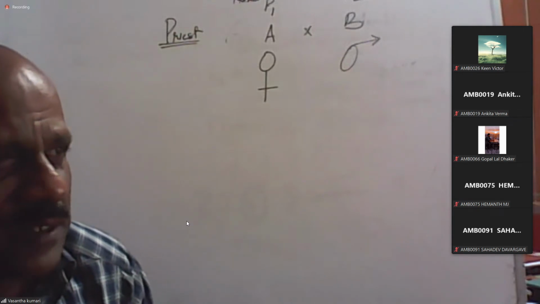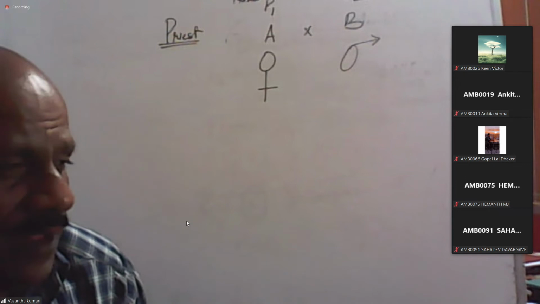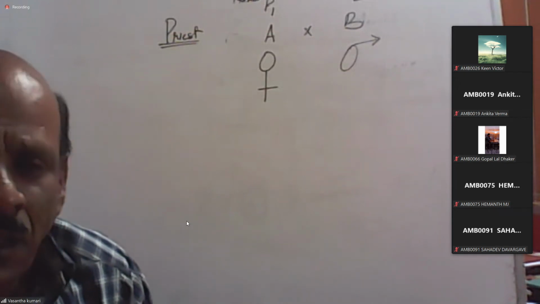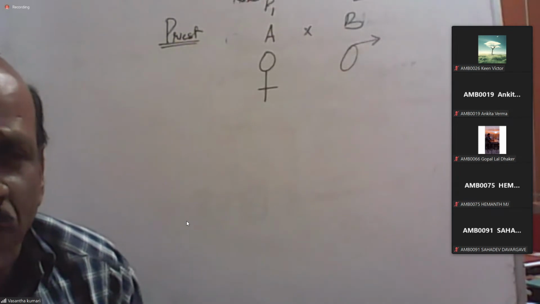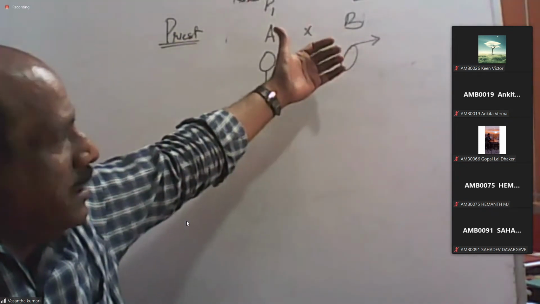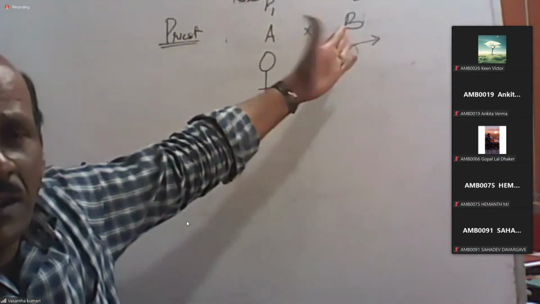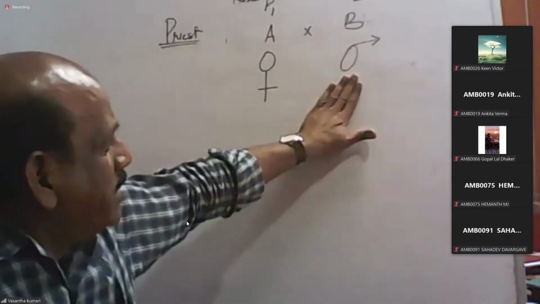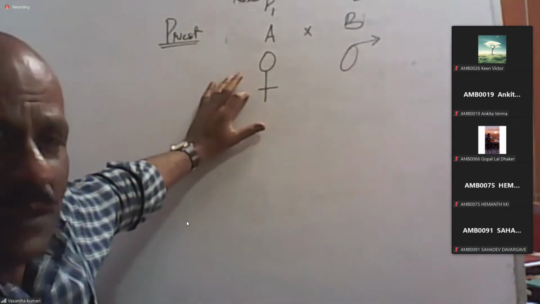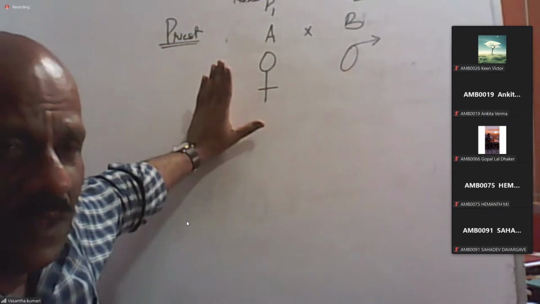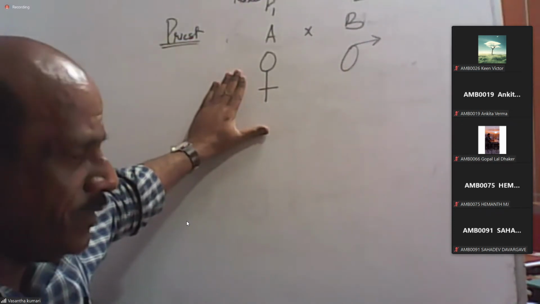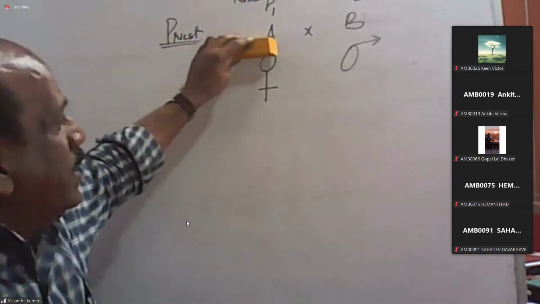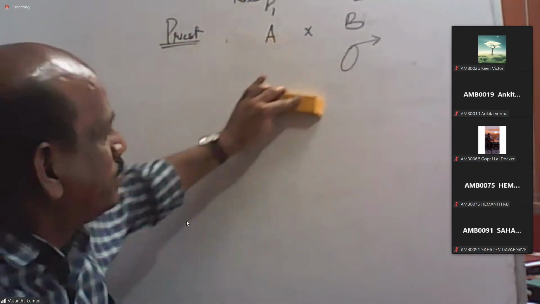Males are often expected to be brave and be involved in protecting themselves, fighting for something, using a shield and an arrow. This symbolizes male, this symbolizes female. Is it clear? We'll be using these symbols in genetics quite often, even till the end of this semester.